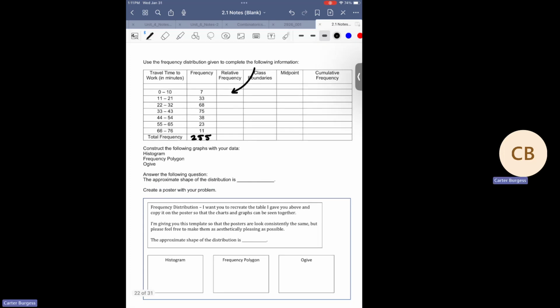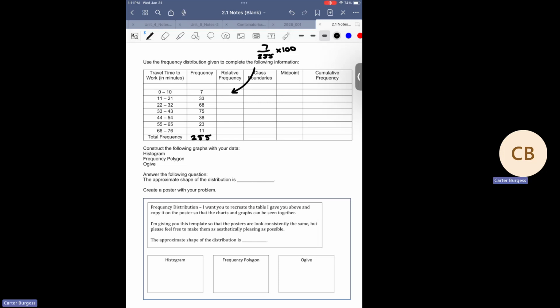You divide it and times it by 100. Yeah, so we need to figure out what proportion, what fraction our bucket represents. We have a total of 255, so we're going to be dividing everything by that 255. In this case, we see 7 data points out of our 255, and then absolutely correct, multiplying this by 100, our way to convert a fraction to a percentage.